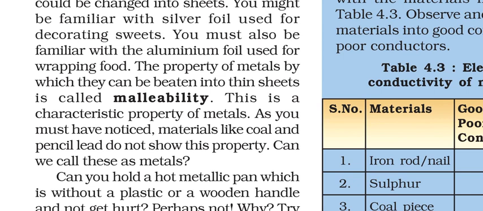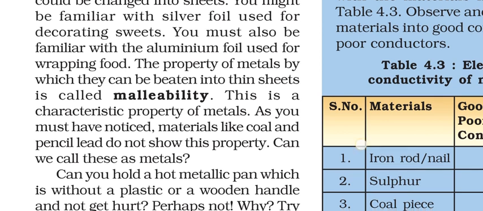So what about coal and pencil? Can they be beaten down into thin sheets? No, because they are going to break down. So therefore these are non-metals, and you can say that non-metals are not malleable, whereas metals are malleable.